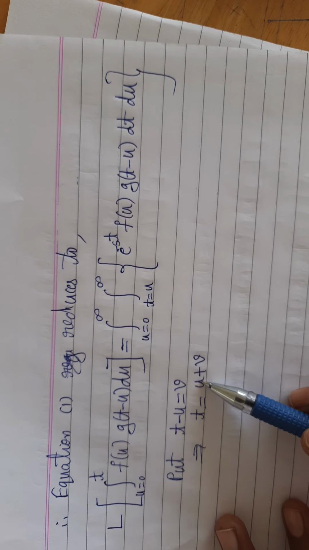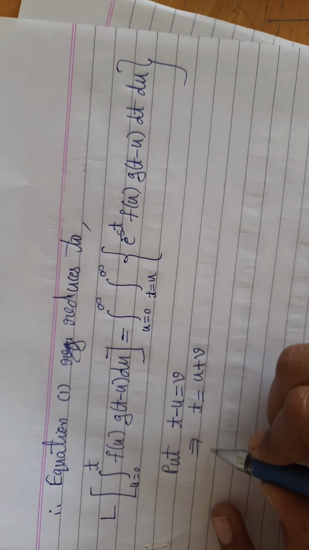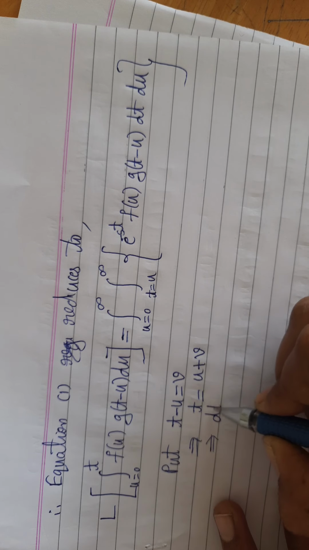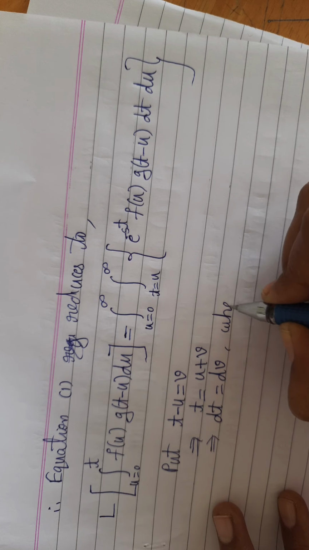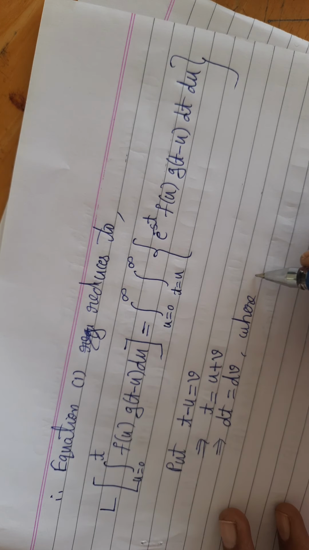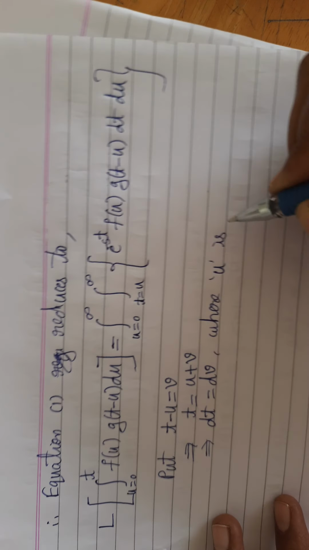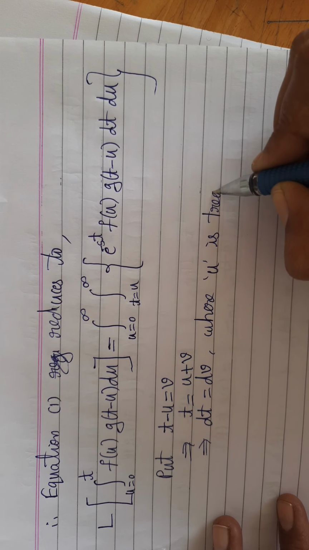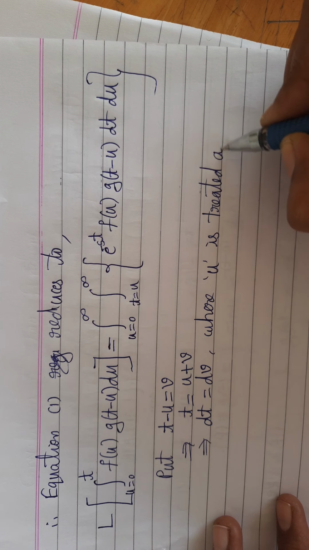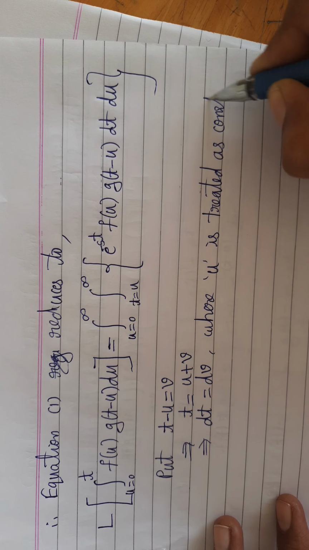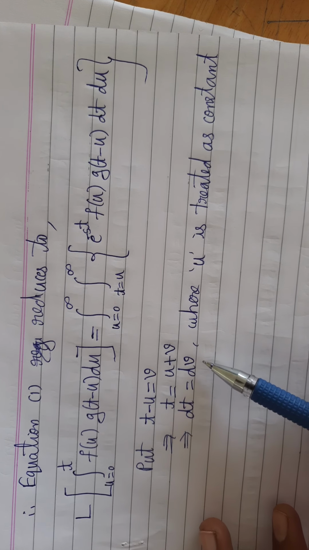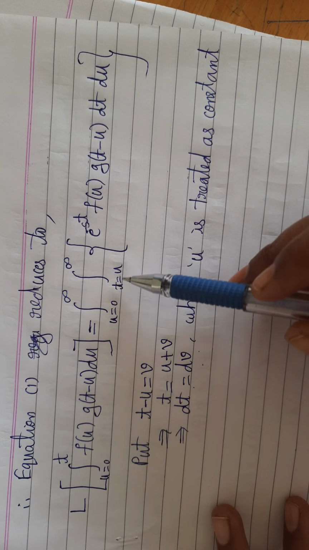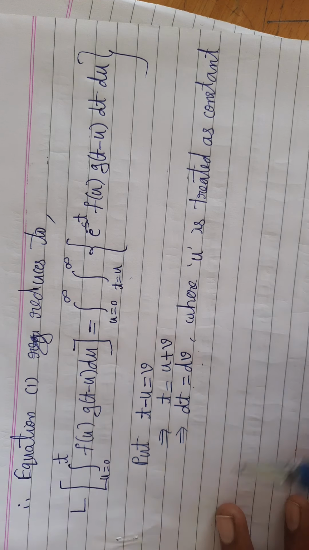Now you consider u as constant. So this implies dt equals dv, where u is treated as constant. I am changing t in terms of v, so dt becomes dv.